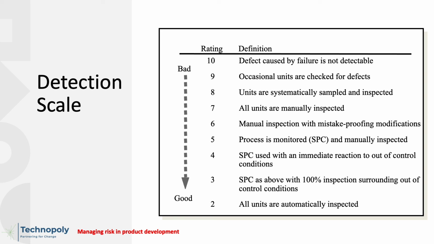If the detection value is low, that means that there could be ways to inspect, and therefore the effect or the failure may be avoided or minimized. Or a 10, where when a defect happens, no one would even know, and therefore would merit a detection rating of 10.